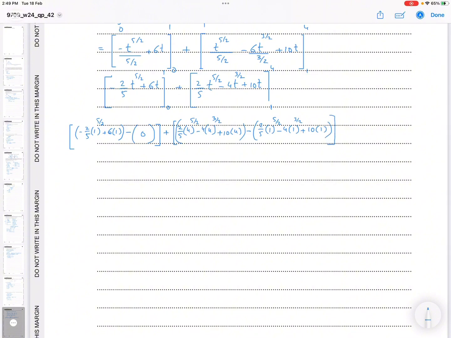So now after simplification I will get minus 2 over 5 plus 6 plus this is 2 over 5, 4 power 5 by 2 minus 4 into 4 power 3 by 2 plus 10 into 4 minus 2 over 5 minus 4 plus 10.